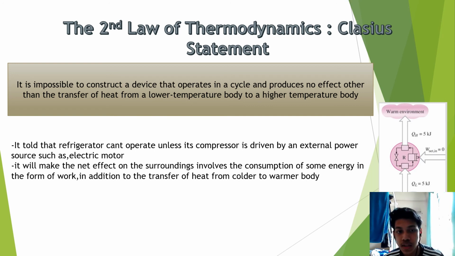From this statement, we know that a refrigerator can't operate unless its compressor is driven by an external power source such as an electric motor. This is because it will make the net effect on the surroundings involve the consumption of some energy in the form of work in addition to the transfer of heat from a colder to a warmer body.